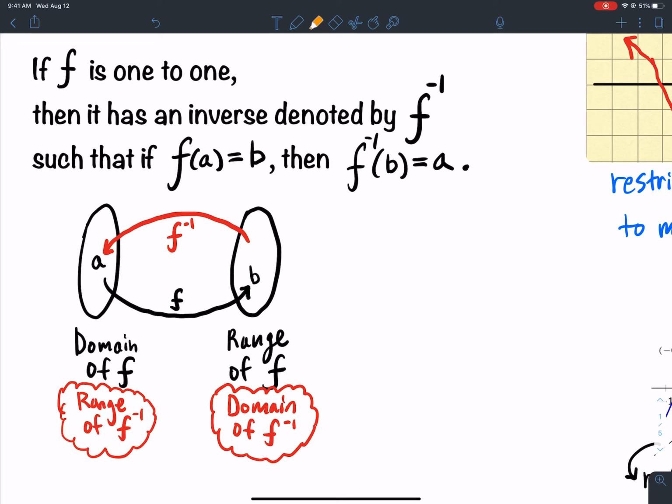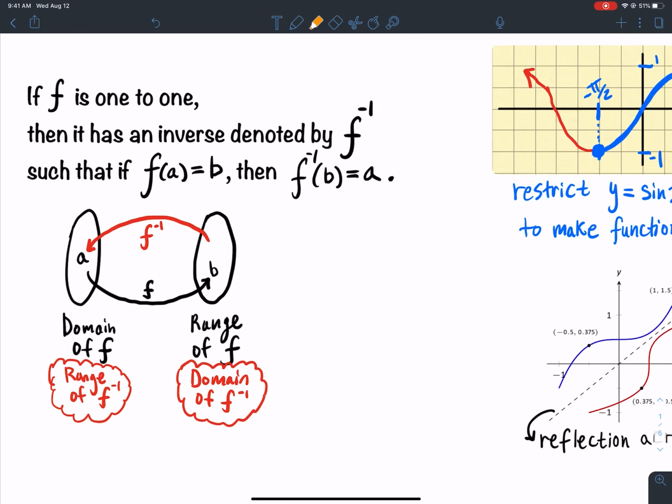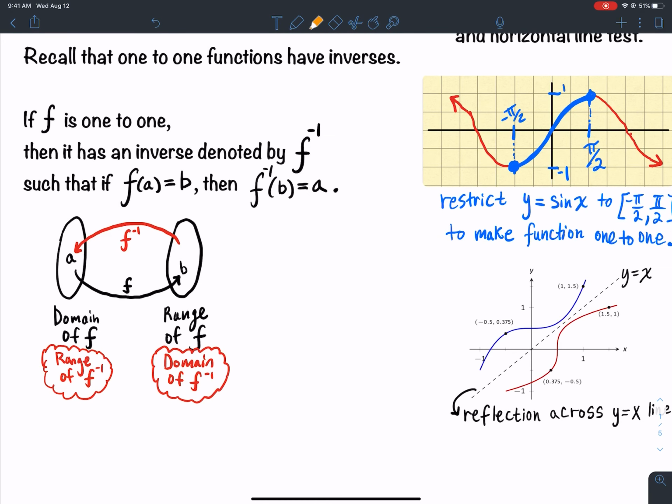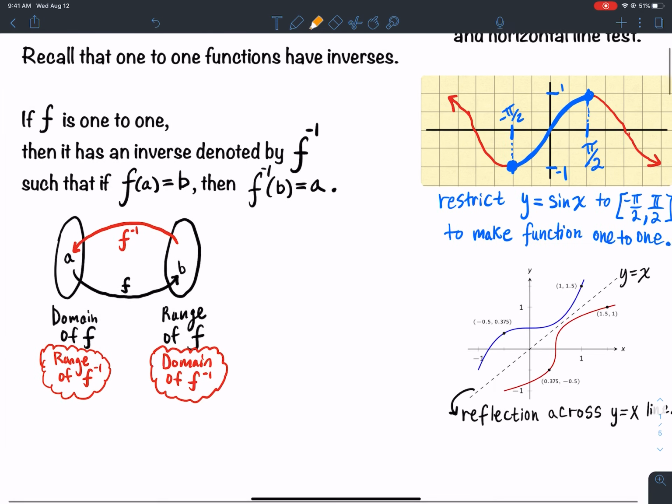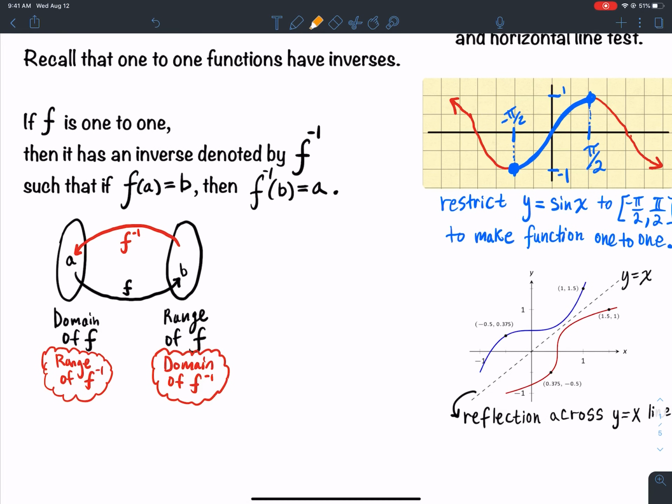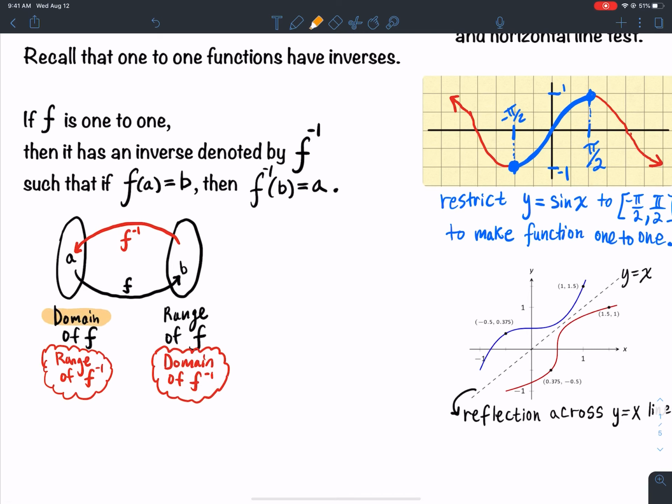You're literally swapping your x's and y's. When you're talking about inverses, you swap your x with your y values, your domain with your range. They become interchanged.